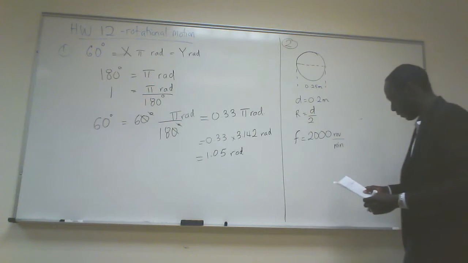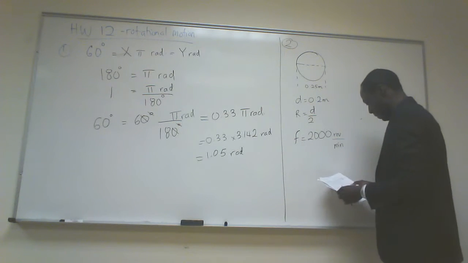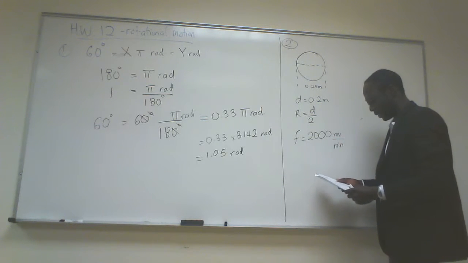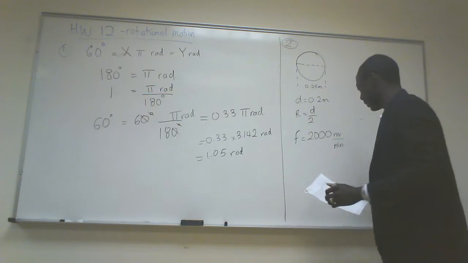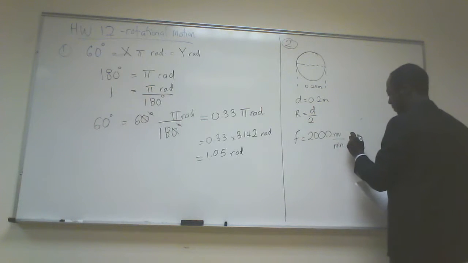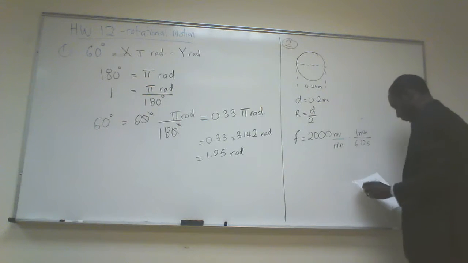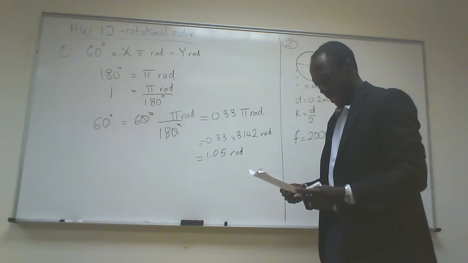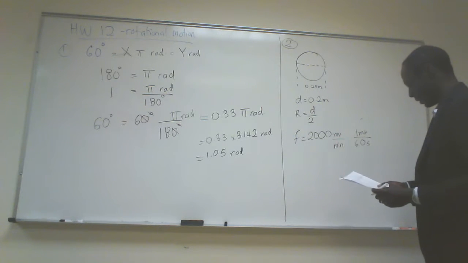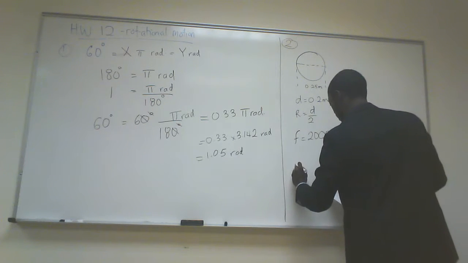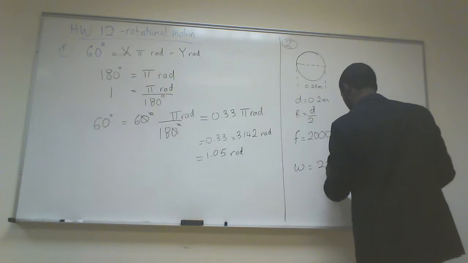Before we do that, we first have to convert 2,000 rev per minute into revolutions per second. So that will mean multiplying this by 1 minute over 60 seconds. To get the angular frequency, omega is equal to 2 pi times f.